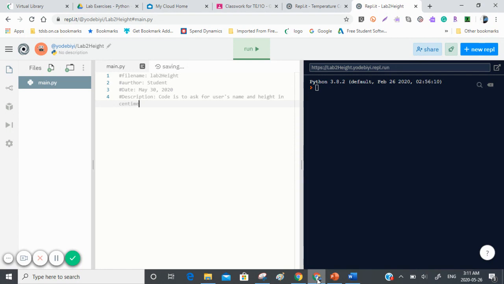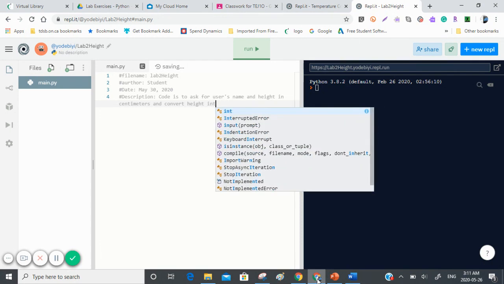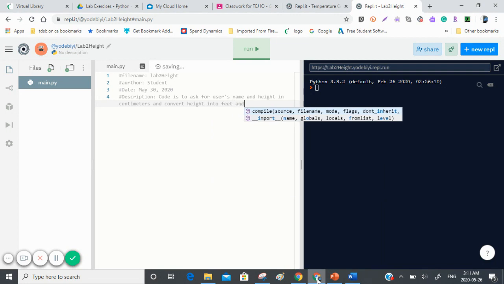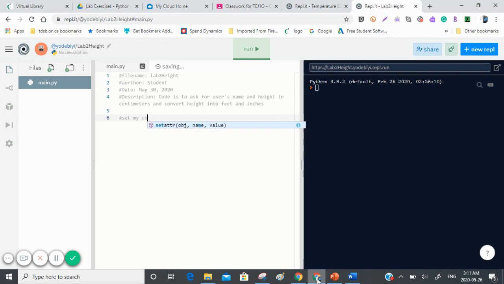Centimeters, and convert height into feet and inches, okay? So the first thing I'm going to do is I'm going to set my constants, give myself some space. So I'm going to do hashtag, it's what I'm going to do here. So set my constants.